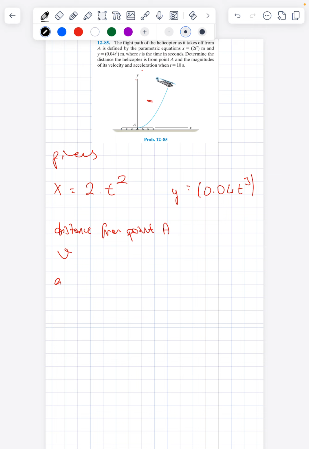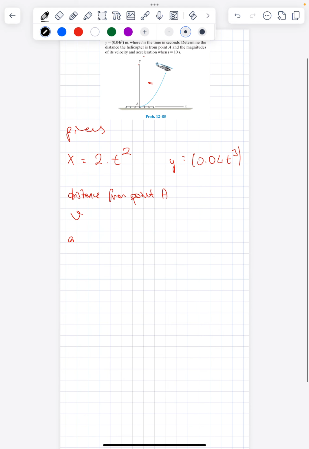Okay, let's see what I can do first. The question wants me to find the unknowns at 10 seconds. So if I plug in 10 seconds into the given data, I can find the distance in x and y components.